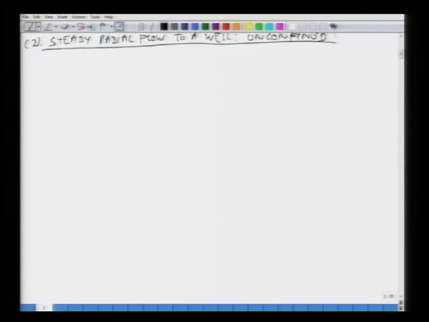As we had seen earlier, when we were deriving the governing differential equations for the unconfined aquifer, the main problem there is that the streamlines are not horizontal, okay, and parallel to each other. That is a problem in the unconfined aquifer.